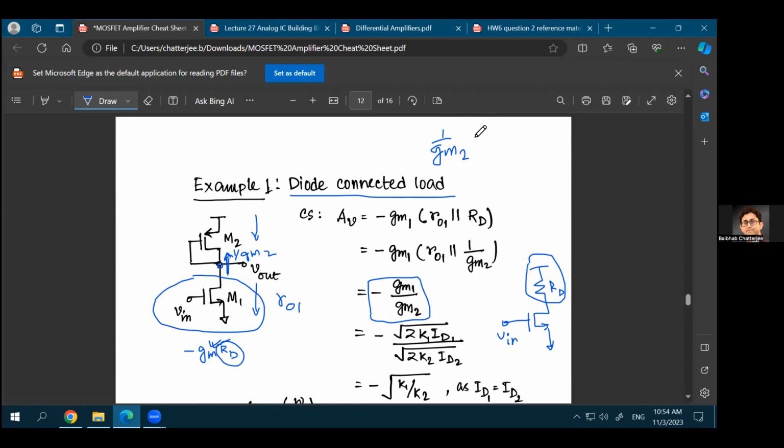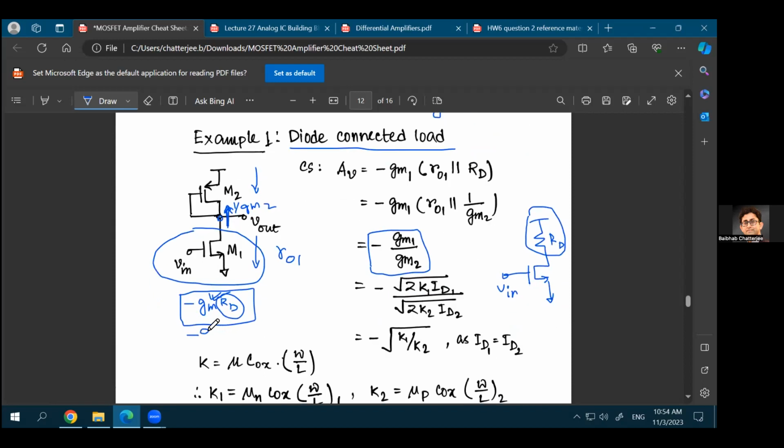And that is the reason why you only considered the resistance looking up. Remember that when you talk about this minus GM times RD equation, the exact form of this equation would be minus GM times RO parallel to RD.